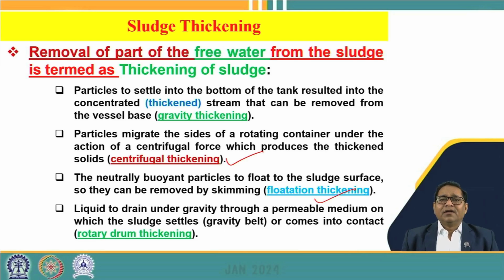And then there are skimmers, various types of skimmers we design, which skim out this floated sludge from the rest of the water. And then we also use the rotary drum type thickening process, where basically perforated drums are used as screens, wherein the sludge mass is taken in, and then this is rotated so that all the water gets separated from the rest of the sludge solids.